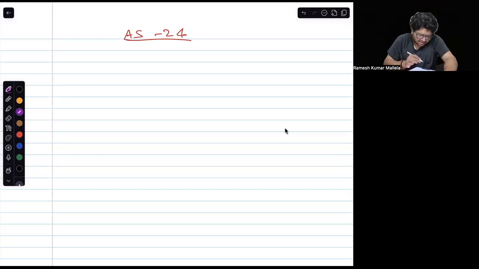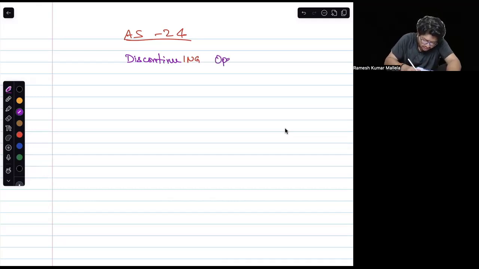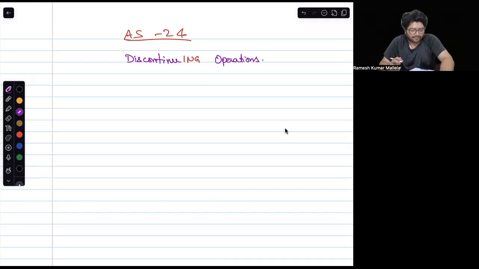The AS 24 accounting standard specifically talks about discontinuing operations.